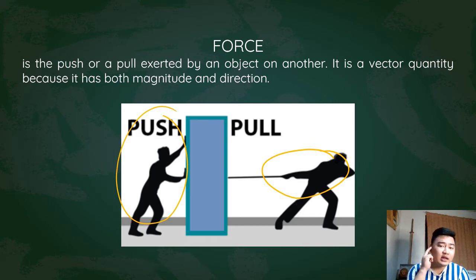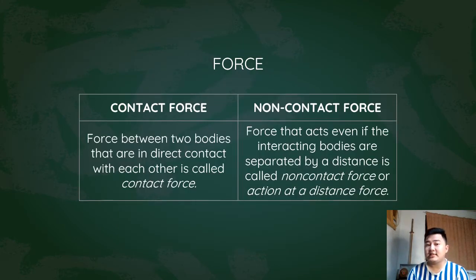Now there can be two groups of forces, which are the contact forces and non-contact forces. So what's the difference between contact and non-contact forces? By the terms themselves, your contact force will need direct contact, while your non-contact force doesn't need to be physically touching each other for that force to act on that object.